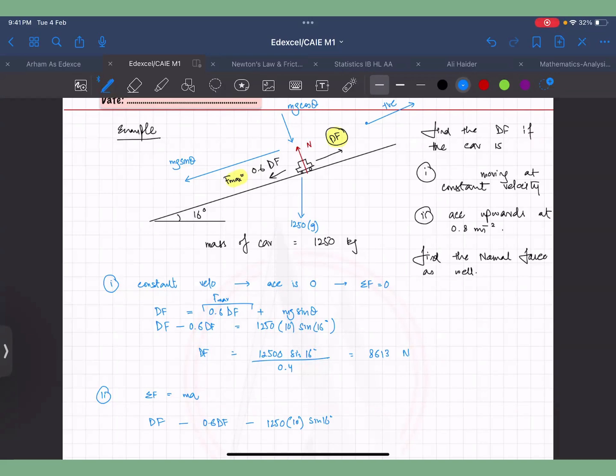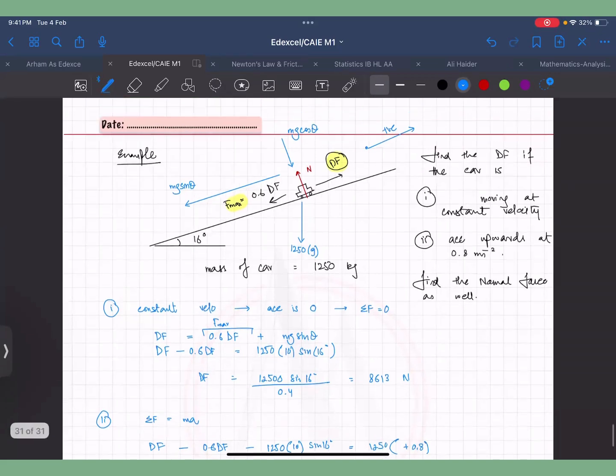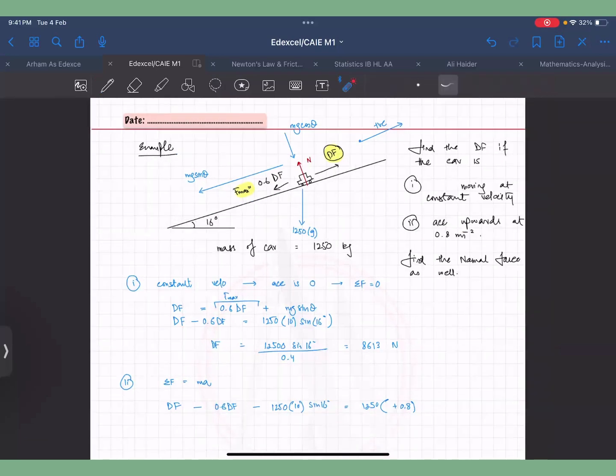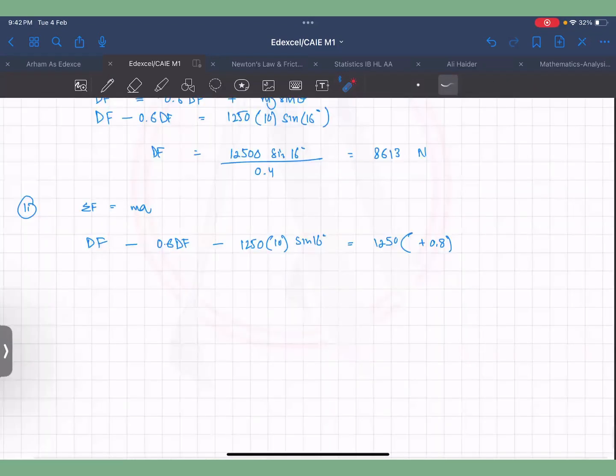No, there's no other force acting parallel to the plane. So this equals ma: 1250 times positive 0.8, because I have taken positive to be moving upwards along the plane, and the question says the acceleration is upwards. So this is the equation that we've gotten.